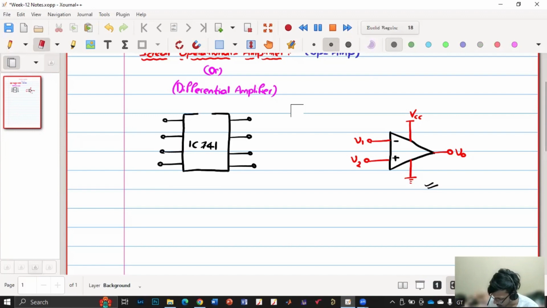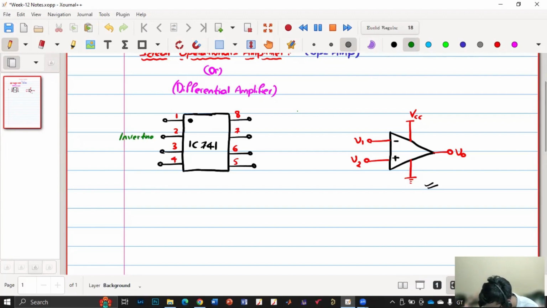But the majority of ICs have a dot, which means that is pin one. So this is one, two, three, four, and then from four we have five, six, seven, eight. This is the pin configuration. The dot is pin one, and from there you go down, and then from the bottom you go to the top. So this is the negative terminal, the inverting terminal.